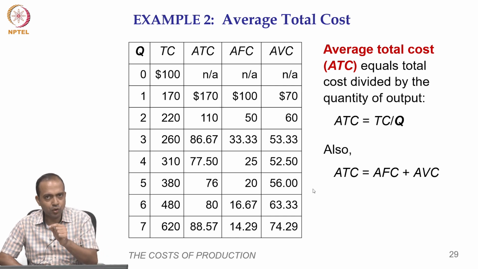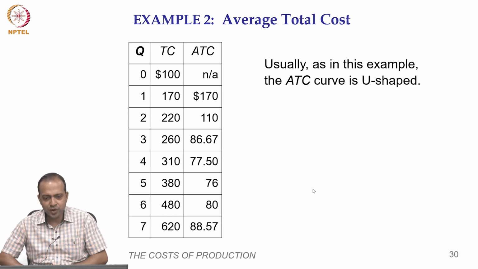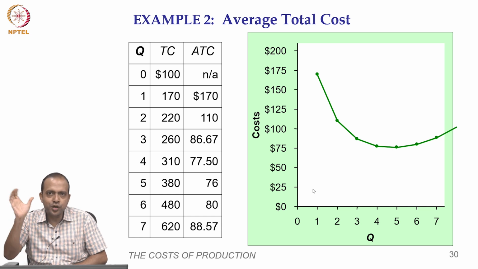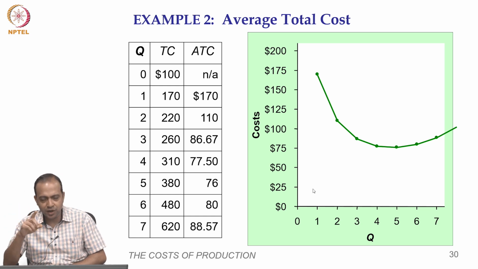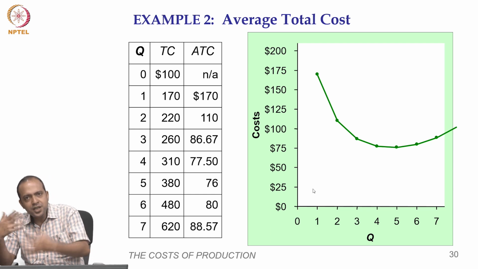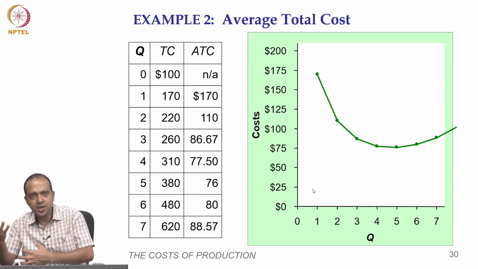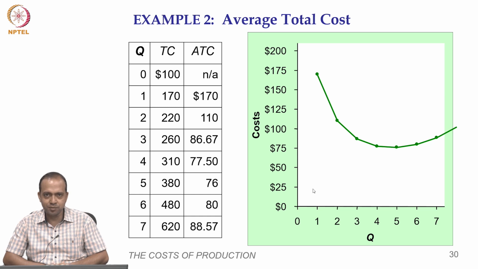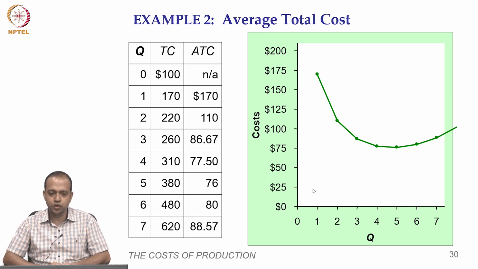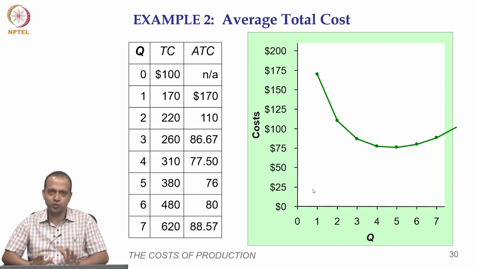It depends on the relative strength of these two. Initially ATC falls, because both are falling. After some point AVC will rise but AFC will fall. If the increase in AVC is more than the fall in AFC, that will explain the upward sloping portion of ATC. Very easy to understand.